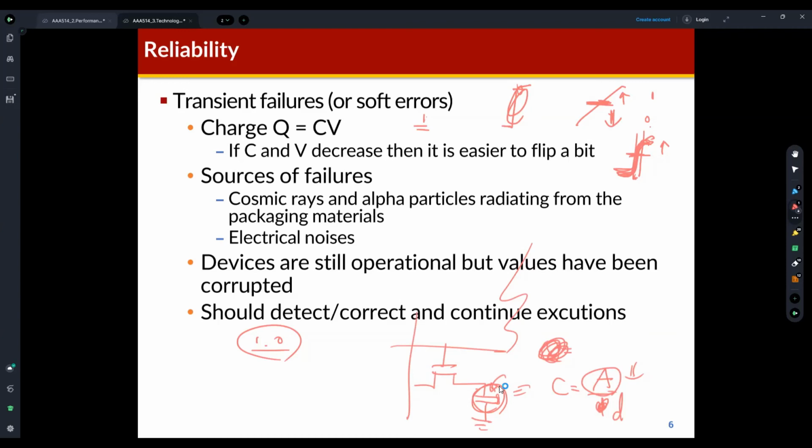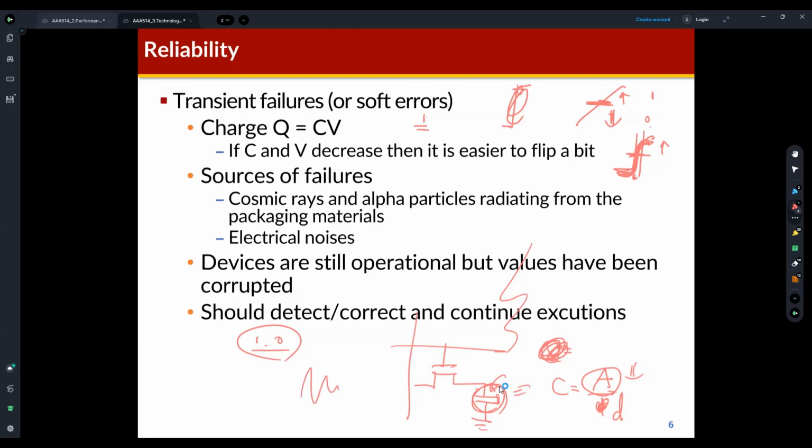These particles are currently hitting our devices. And if these capacitors are hit by alpha particles from space or some cosmic rays from space, then the voltage level in the capacitor can fluctuate.